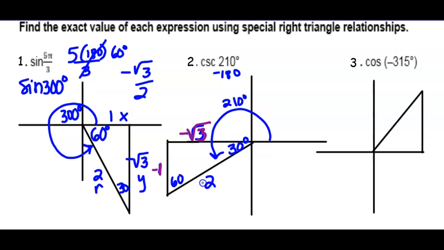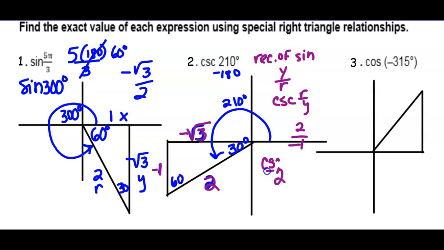All right, so cosecant is the reciprocal of sine. So sine is y over r, or opposite over hypotenuse. So cosecant is r over y, or hypotenuse over opposite. So hypotenuse, or the r value, is 2, over the y, or the opposite, is negative 1. So we just get the cosecant of 210 degrees is negative 2.